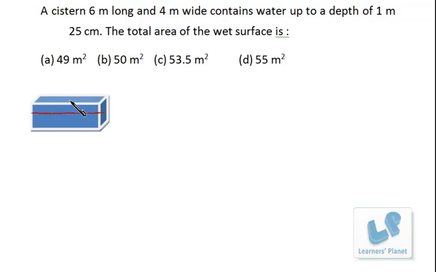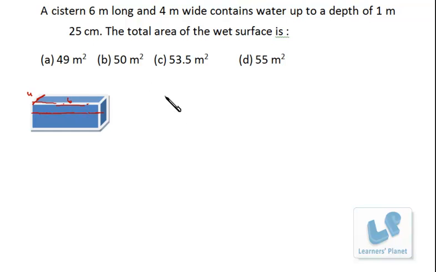That means this area from inside will not get wet, right? So in all 5 surfaces will get wet, right? So we have to find out the area of 5 surfaces. Now this length is 4 and this length is 6, right? So what is the area of the bottom?